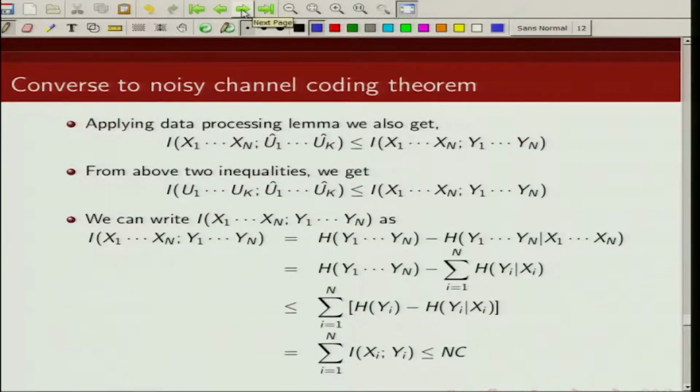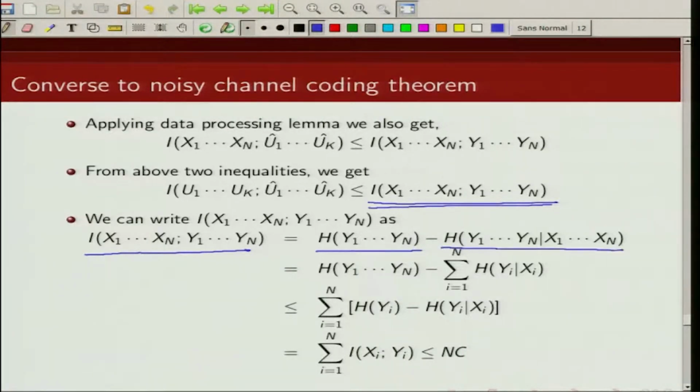Next, let us try to simplify this term, mutual information between x1, x2, x3, xn and y1, y2, y3, yn. Now from the definition of mutual information, I can write this as joint entropy of y1, y2, y3, yn minus conditional entropy of y1, y2, yn given x1, x2, x3, xn.